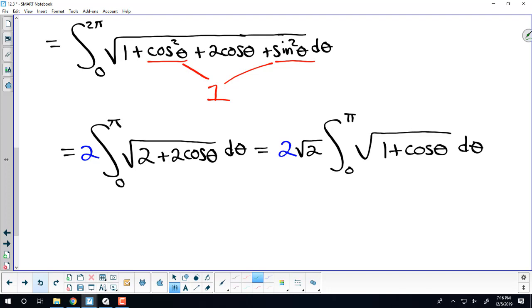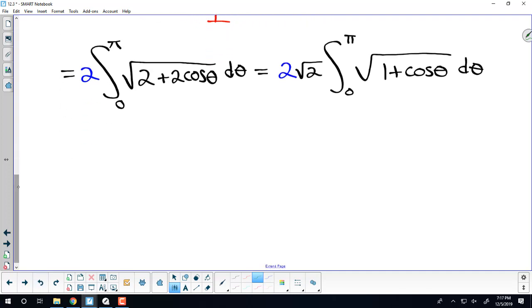You have 2 cosine squared theta. Okay. On this one though, we've just got the 1, not the 2 theta, so we have to adjust that. Right? Yeah. But this is the key. This was from your homework. It might have been a minus where it was 2 sine squared. I don't quite remember. But the idea is that we're going to use the very same identity to help us integrate this. So we'll just write this out.